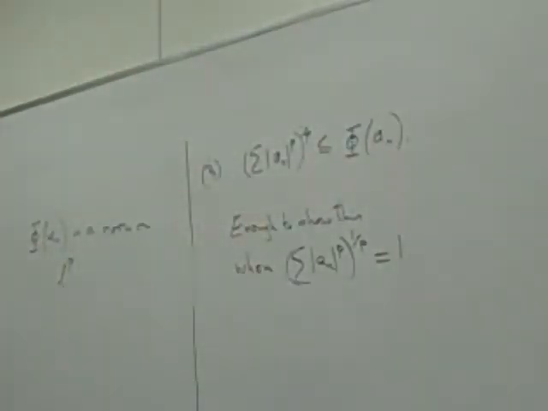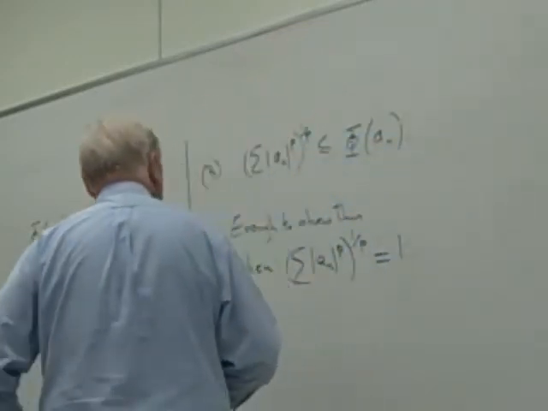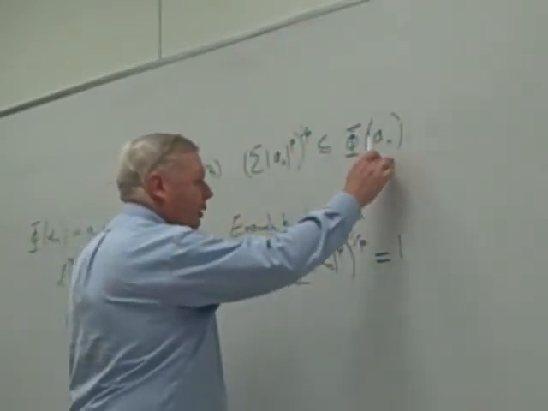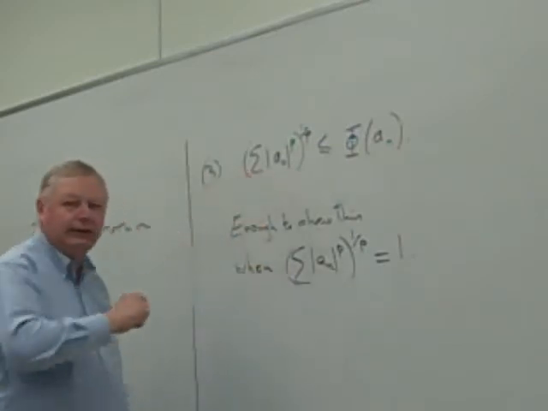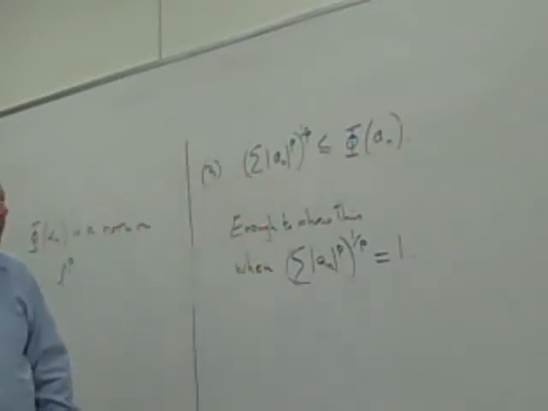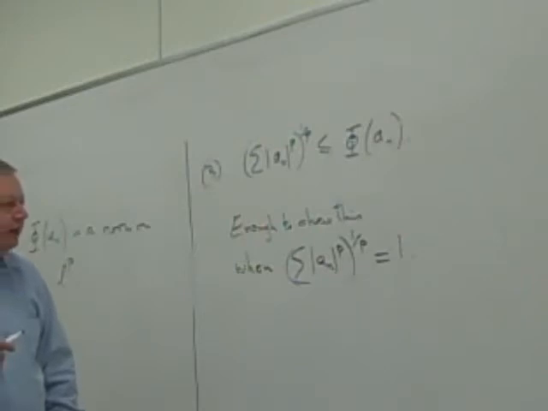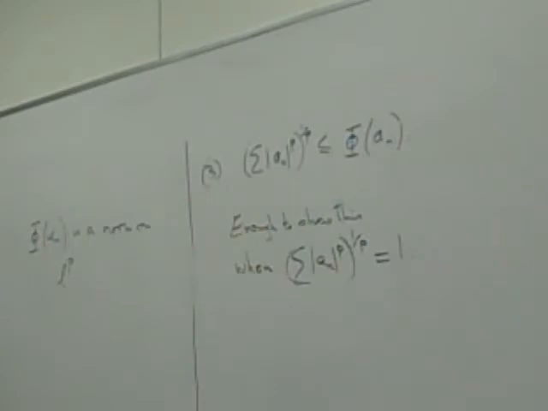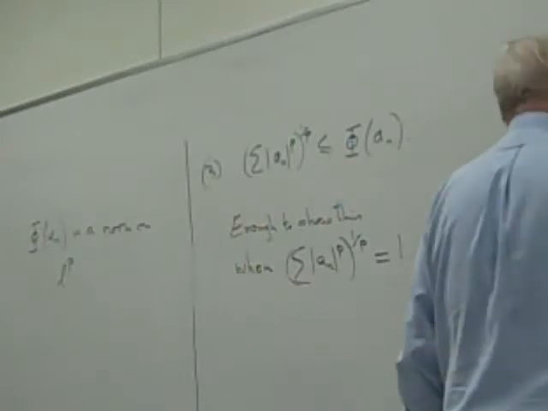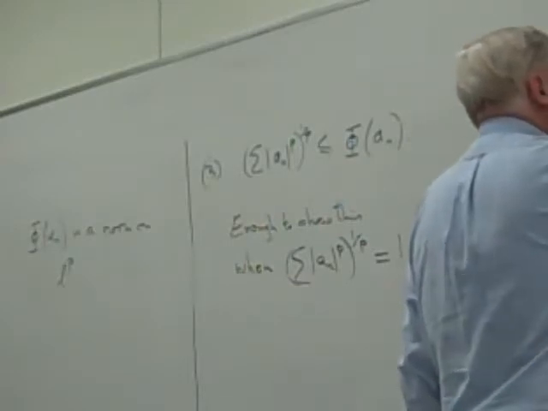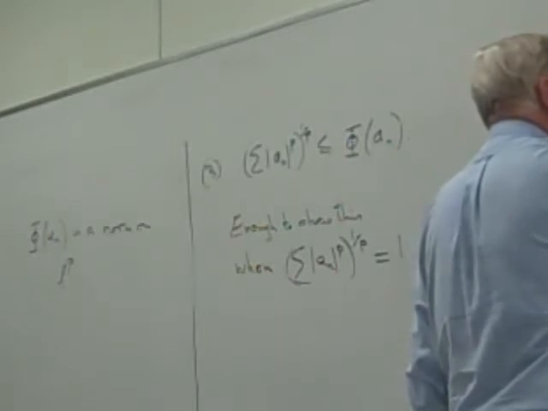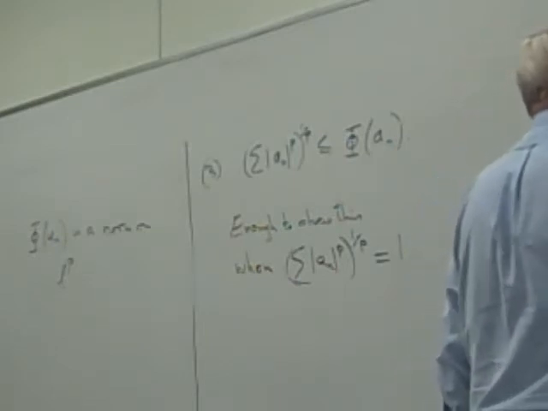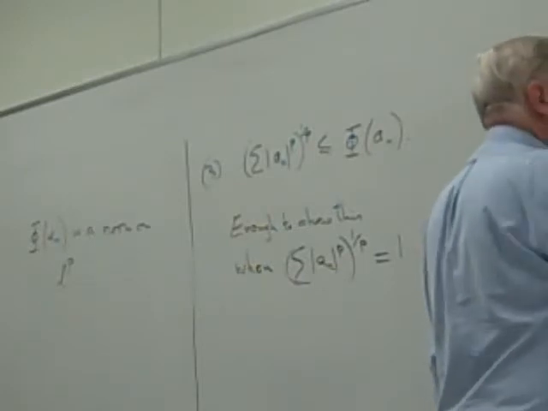With a suitable choice of the b_n's, we'll get one of the terms in the sup to be at least 1. And the way I do that is you can always modify a sequence to put it in one of the other spaces as follows. So let us consider the following sequence.